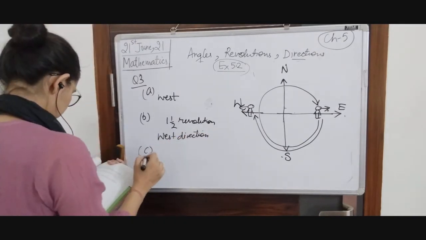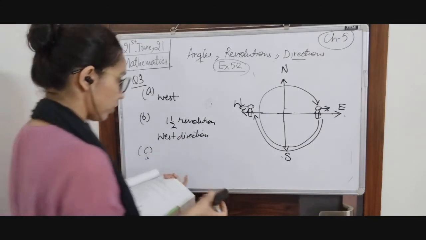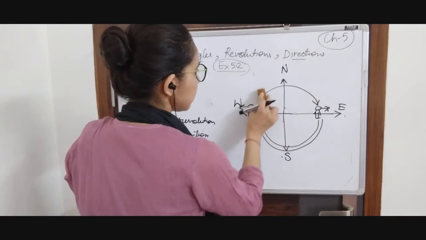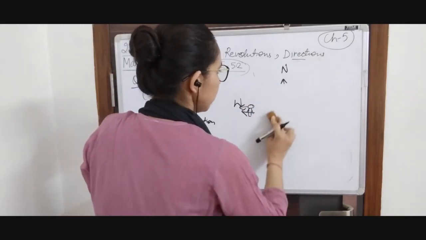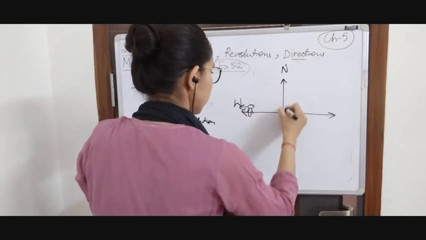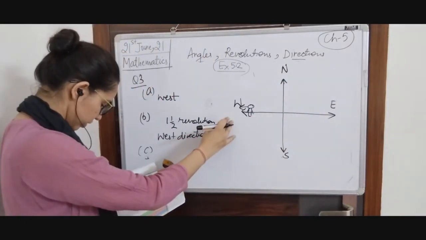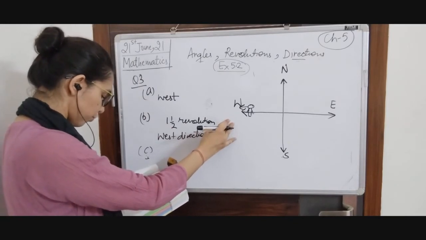C is west and making 3/4 of a revolution anti-clockwise. So the person is now in the west direction. This is south, this is your east. He is facing west direction and he is making 3/4 anti-clockwise.